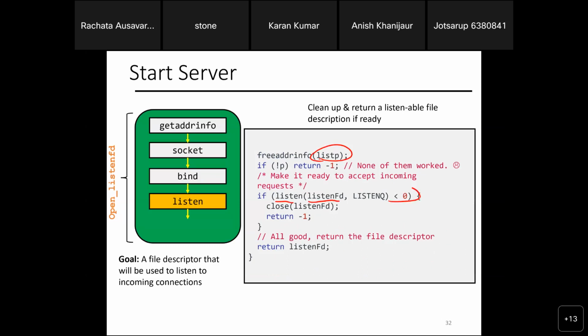If it doesn't work, close the connection. Otherwise, you return the file descriptor. Now, listenfd becomes just another file that the server can listen to. Again, this opens up listenfd, the listen port, through the socket connection.